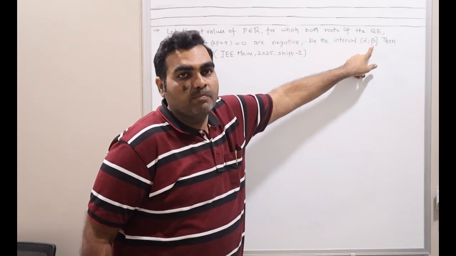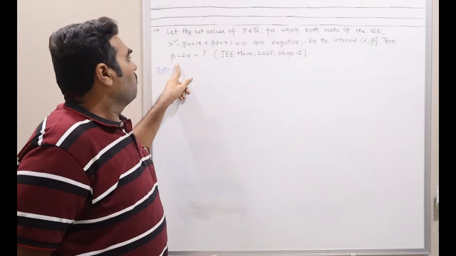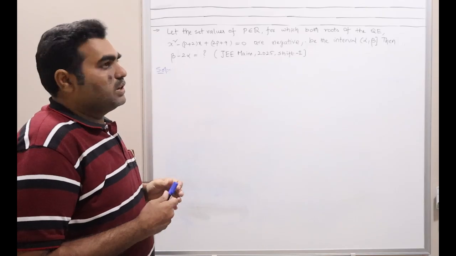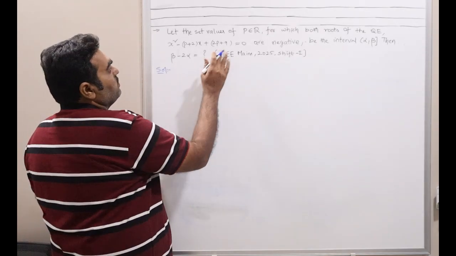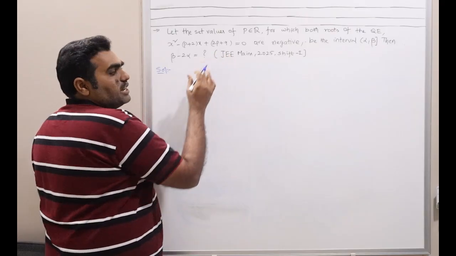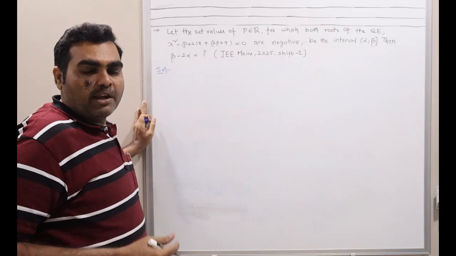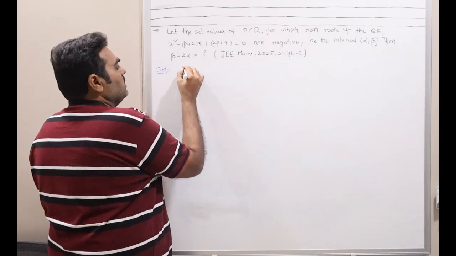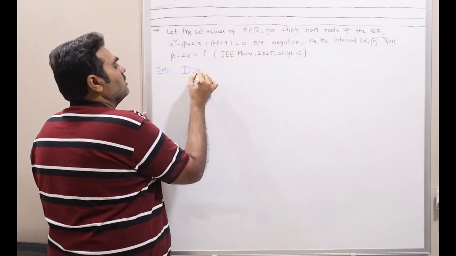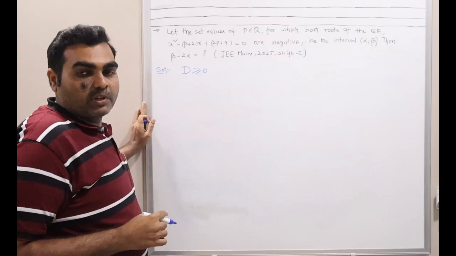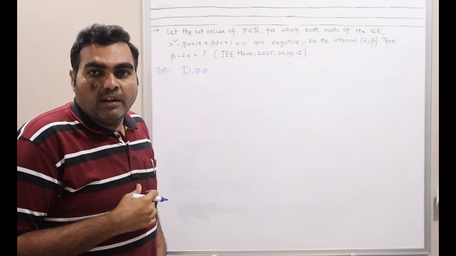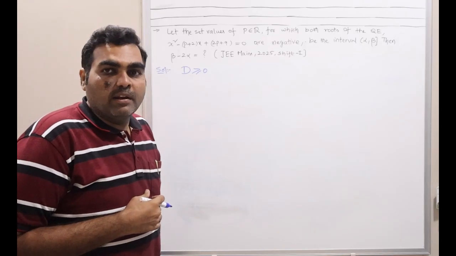You should be careful here. And then what is beta minus 2 alpha? This is what he asked. Let us do it quickly. So now he says two roots which are real numbers and negative. So obviously, directly you can take D greater than or equal to 0. They may be real and equal or real and distinct.